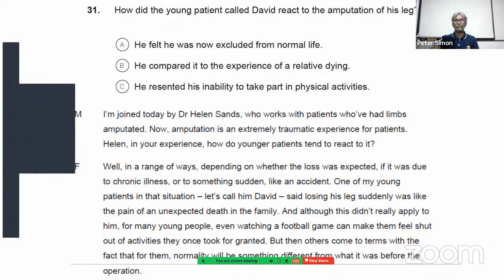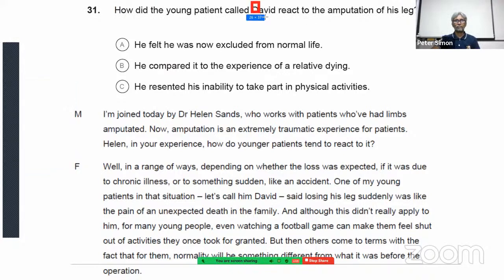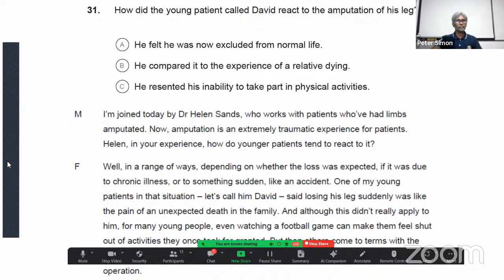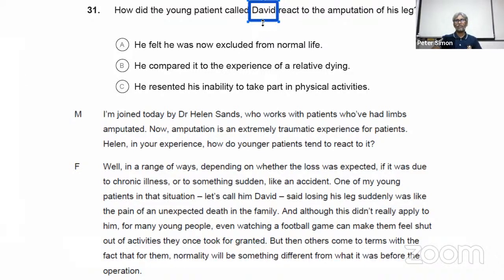So David. The person who is questioning doesn't know who David is. He is talking about the young patients. He's asking, how do younger patients deal with this?